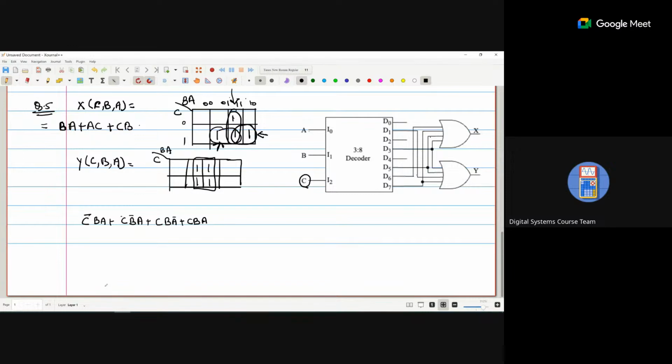Now from the first and last, can I take AB common? C plus C bar, that is 1, plus A bar B C plus A B bar C.